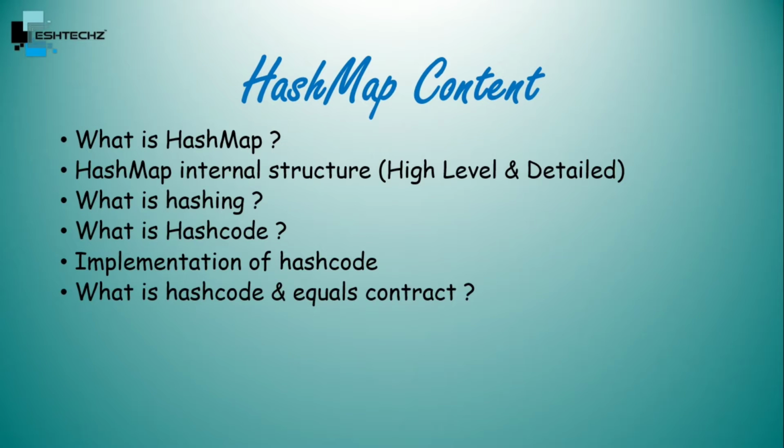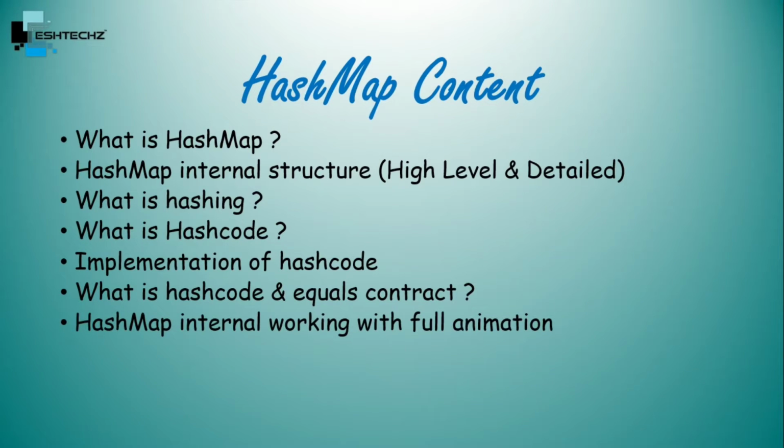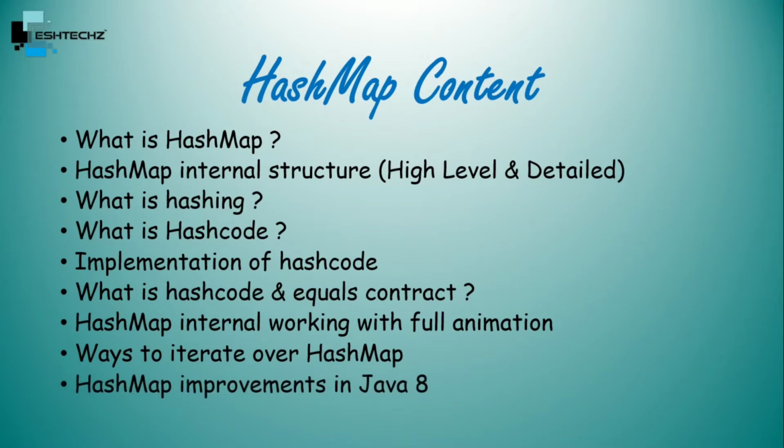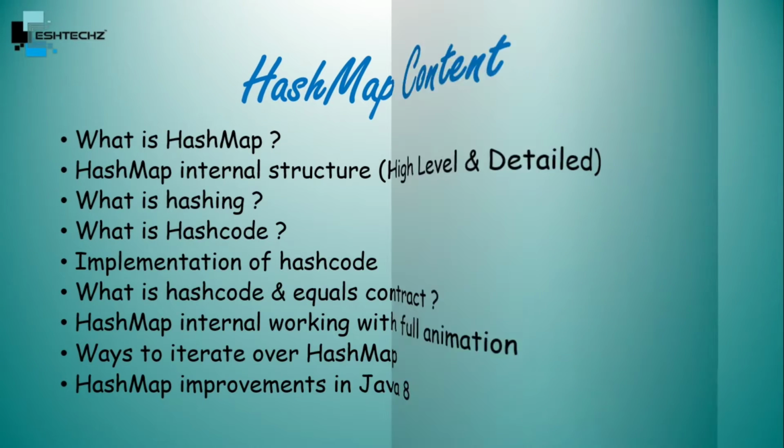What is the Hashcode and equals contract? HashMap internal working with full animation. In this, we will be looking at put and get operations, ways to iterate over HashMap, and at last, HashMap improvements in Java 8. So, let's start with what is HashMap.